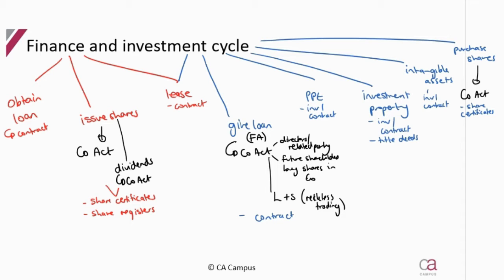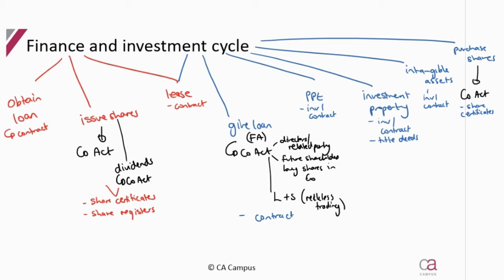Okay, giving a loan, money's got to go out. Getting a loan, money needs to come in. Issuing shares, money needs to come in. Purchasing shares, money needs to go out. And your PPEs or your investment properties, even if you do so on credit, eventually there should be that outflow of cash for it.